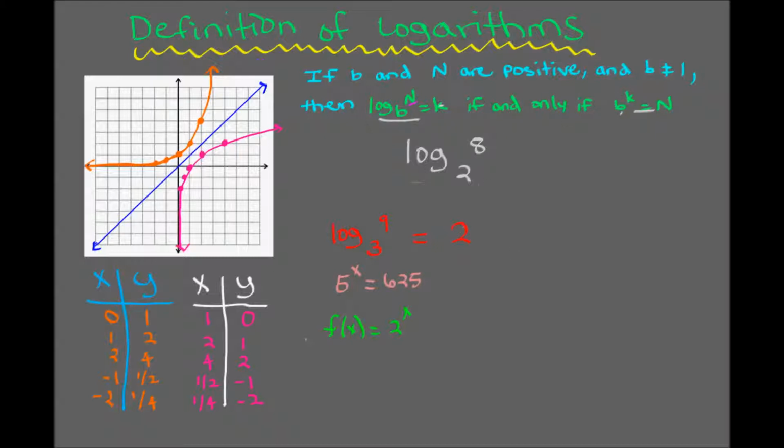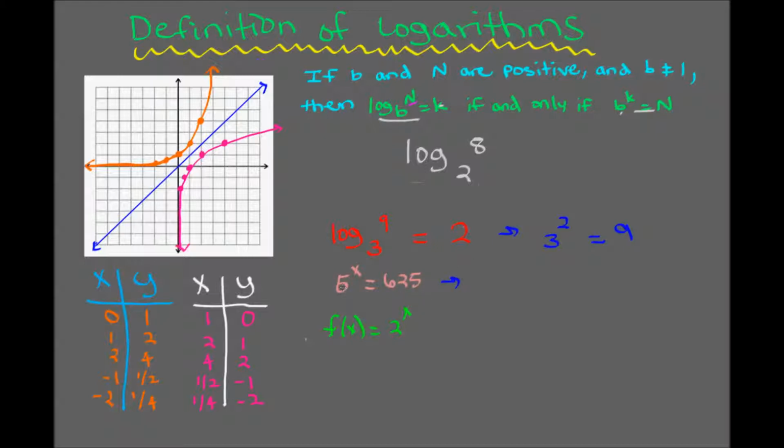So let's practice right here. We have log base 3 of 9 is equal to 2. If you write that, first we take the base, b for bottom, 3 to the 2 is equal to 9. So 3 squared is equal to 9. We converted from the log form to the exponential form. Now let's convert from the exponential form to the log form.